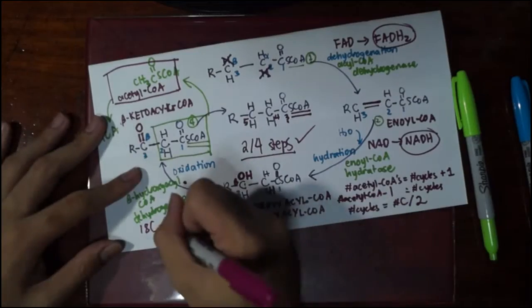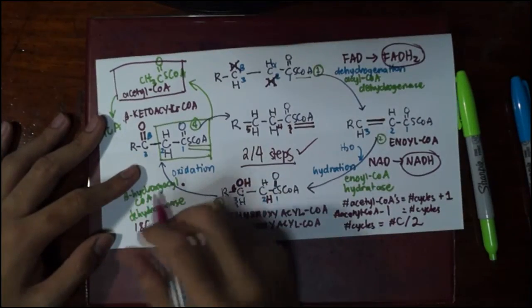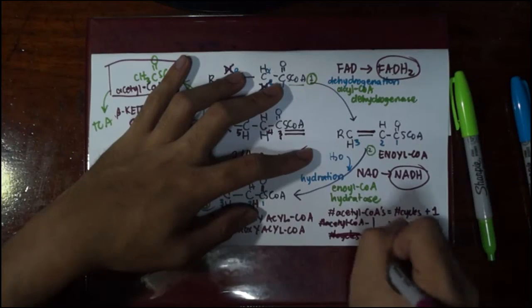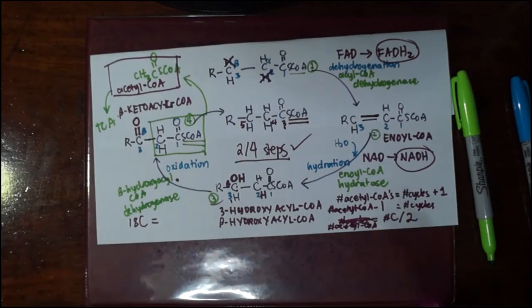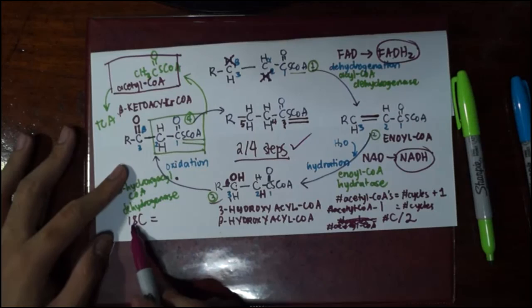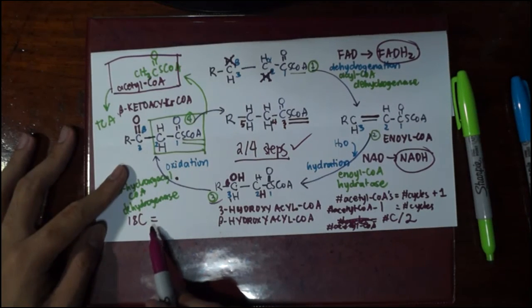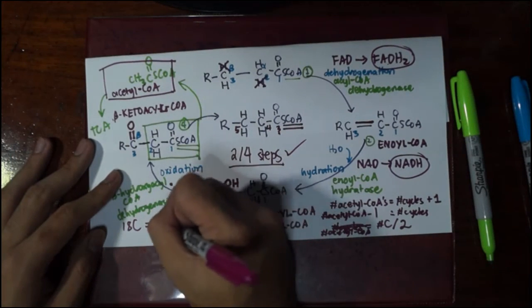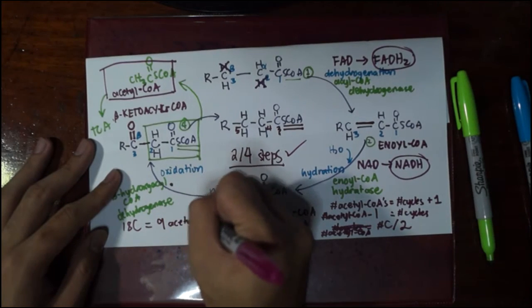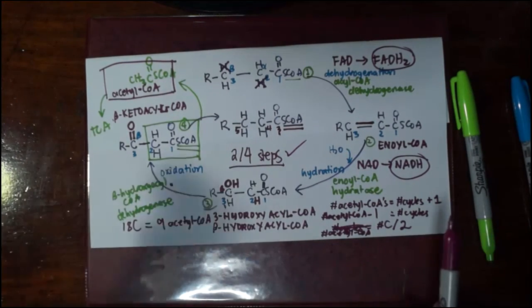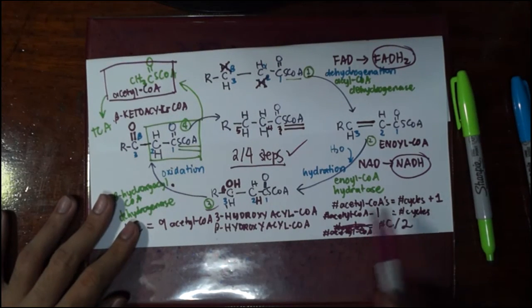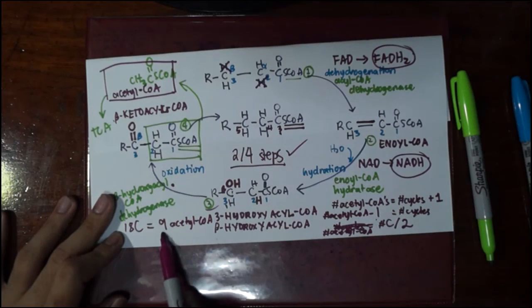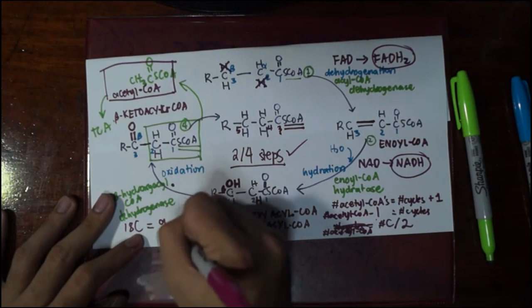How many acetyl coenzyme A would it give us? What's important to know is that in every cycle we reduce 2 carbons. So in an 18 carbon fatty acid, we are supposed to produce 9 acetyl CoA, right? Because for every cycle you chop off 2. But how many cycles would that take? Number of cycles is equal to acetyl CoA minus 1. So if we have 9, 9 minus 1 means 8 cycles.